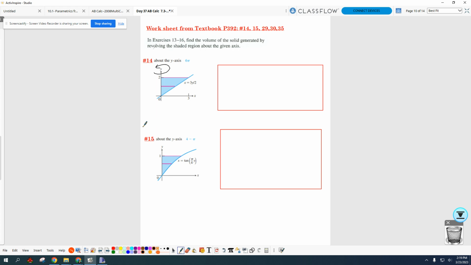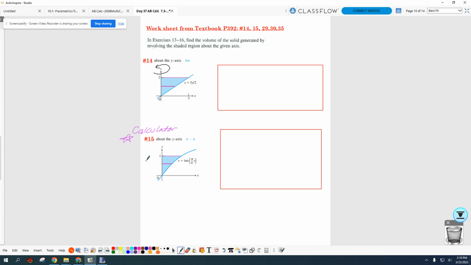They were trying to be helpful and it doesn't photocopy well. So the radius is always perpendicular to the axis of rotation. Has to be. Otherwise, it's a really wonky thing.